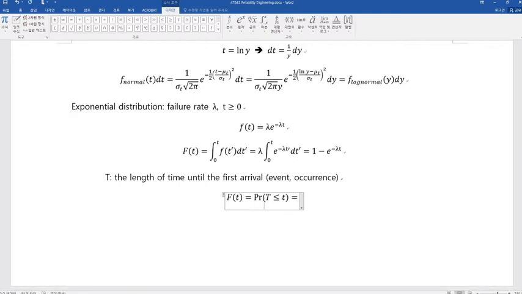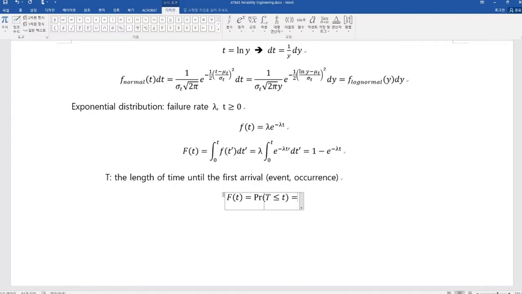So, how can you calculate this? I wonder how many of you remember the equation for Poisson distribution.